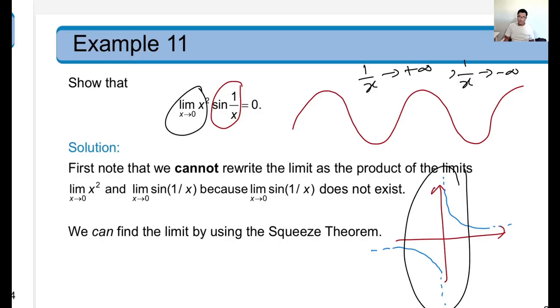And you are trying to evaluate the sine of that. And the sine function is simply fluctuating between 1 and minus 1, but the angle itself is rapidly changing. So what will be the result?